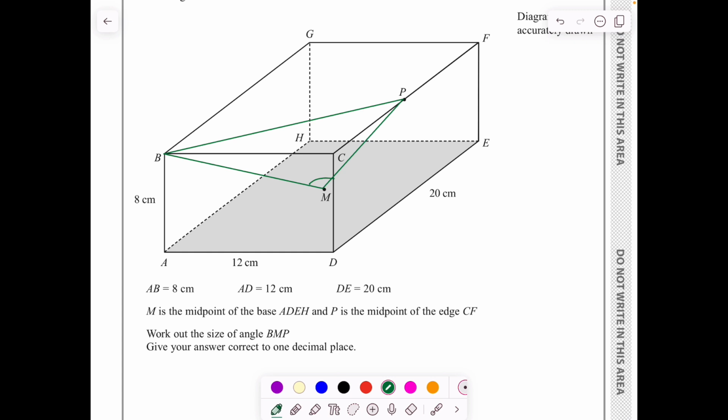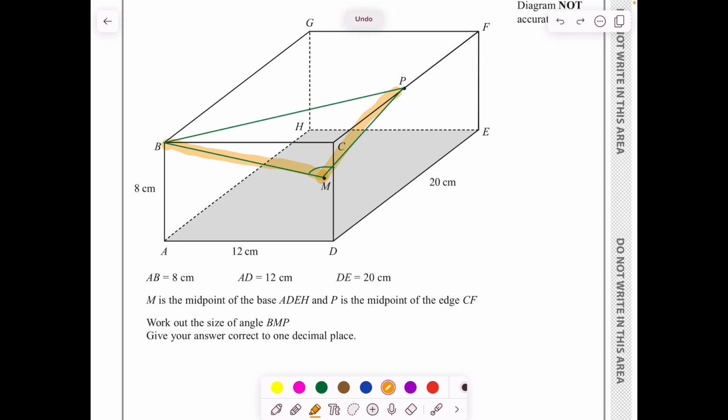So what we can do is find 3 sides and use the cosine rule. Because the other thing is that this particular triangle is not a right angle triangle. So we have to use the cosine rule. So for that, we need all 3 sides.